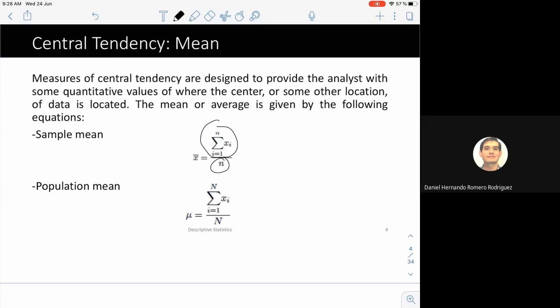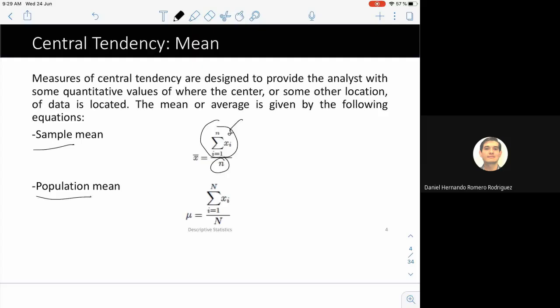So we have a sample mean and a population mean. The difference is that the sample mean uses the measurements from a subset of the original population, so it's not the complete picture. That measurement is based only on some individuals or objects because we're using a sample. Please notice that the notation matters here. If we're computing the sample mean, we use X bar to represent the mean value.